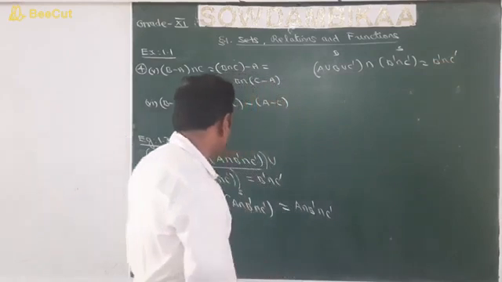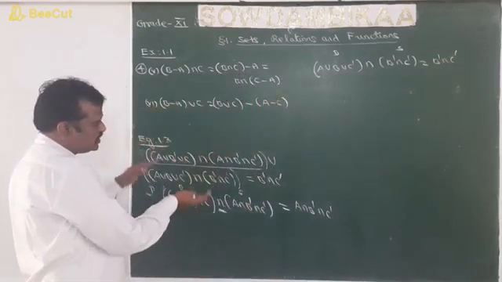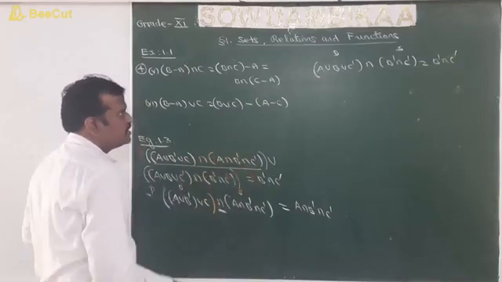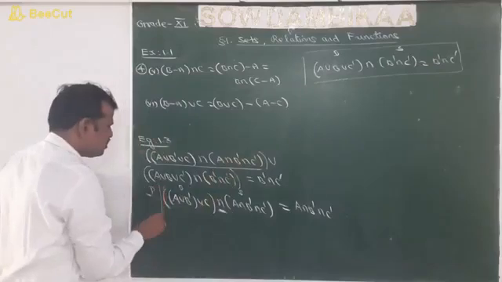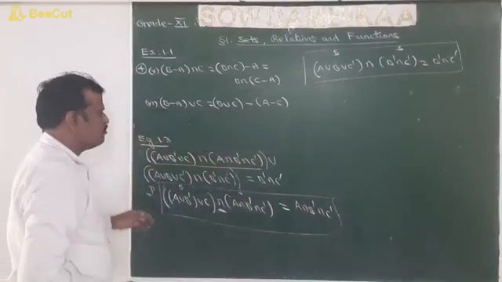Is it clear? Right. So now we have to combine two sets. We are going to take the union of these two results. So we got two results, now we are going to combine this.